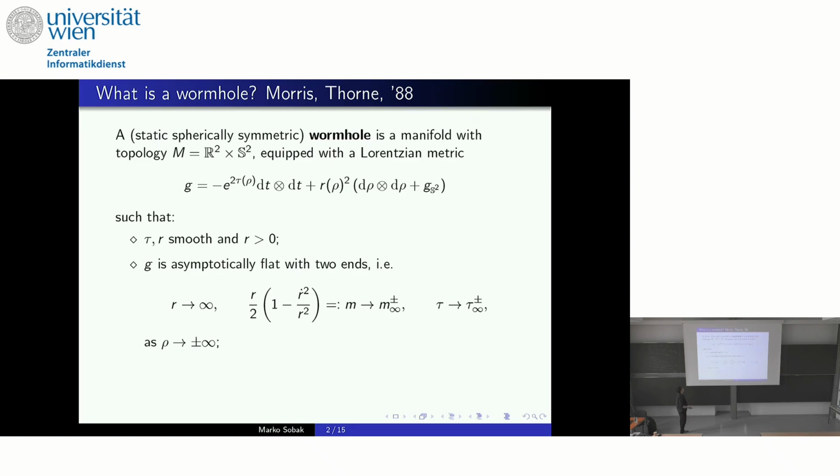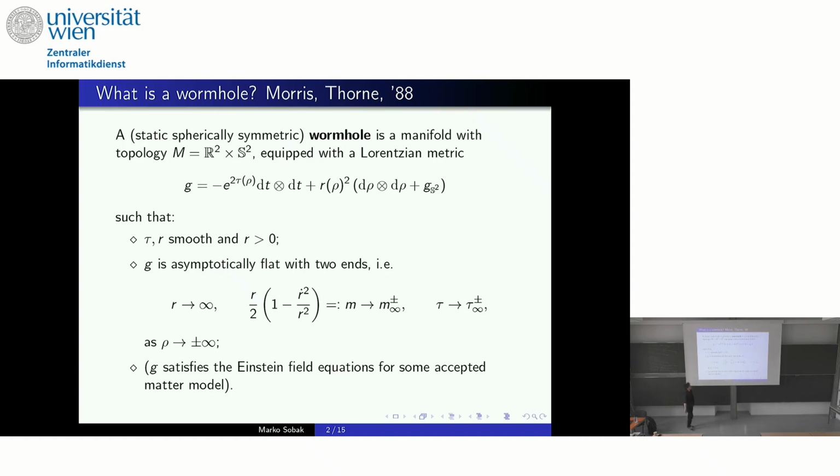Right, and lastly, and I put this in parentheses because these first two conditions already define a wormhole as a geometric object, but of course we would like to satisfy general relativity in some sense, right? So we would like the metric g to satisfy the Einstein field equations for some accepted matter model.